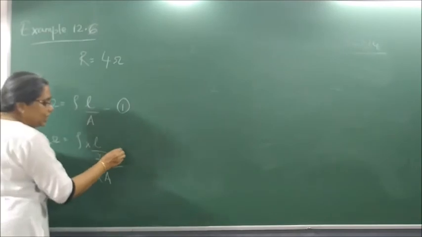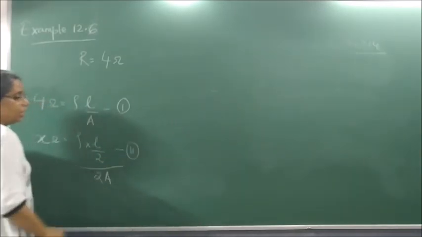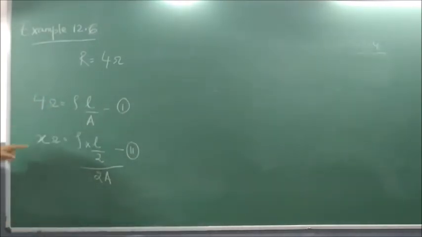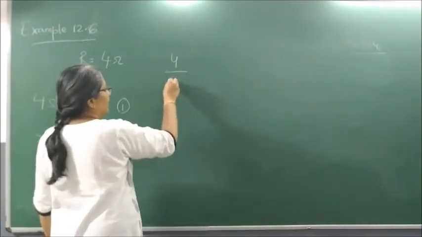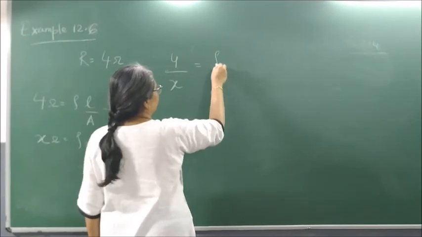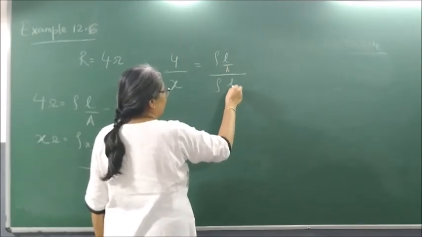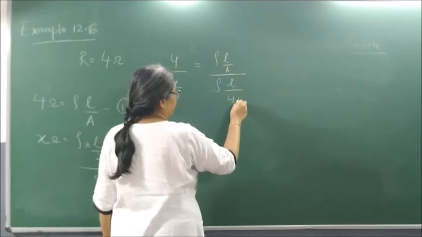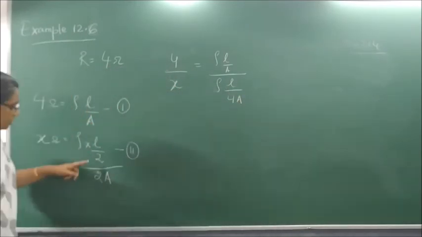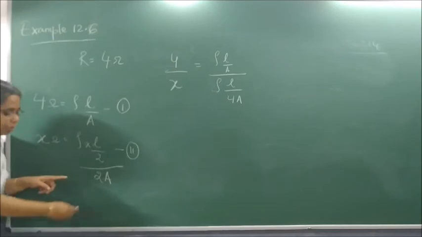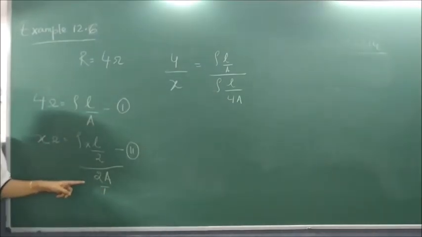This is our second equation. Divide 1 by 2: 4 by x is equal to rho L by A, divided by rho L by 4A. Correct? 2 into 2 is 4A.